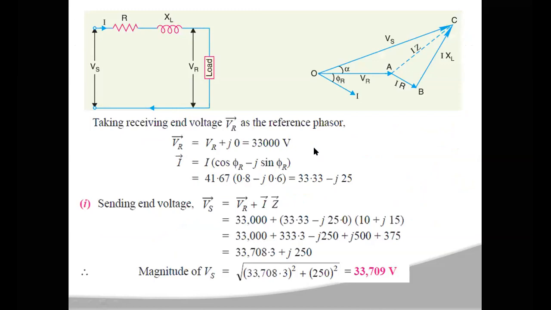Right, for calculating the sending end voltage, you can use two methods. First method is you can draw the phasor diagram and then calculate it, or you can use the ABCD parameters itself.